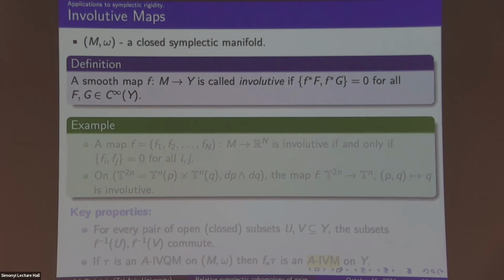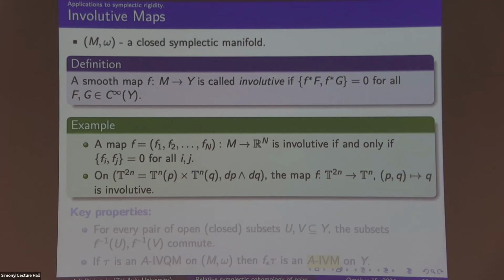As examples, first, we have a map to R^n with Poisson commuting coordinates. And also, in the case of the torus, we can take a projection onto one of the Lagrangian submanifolds, which is also involutive.